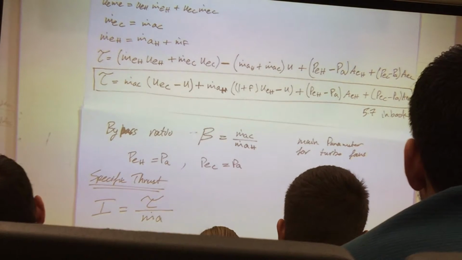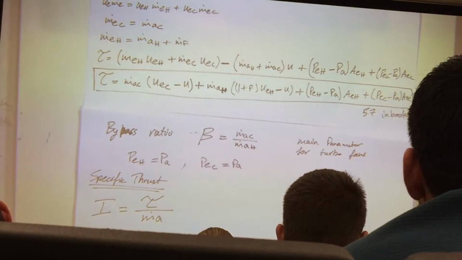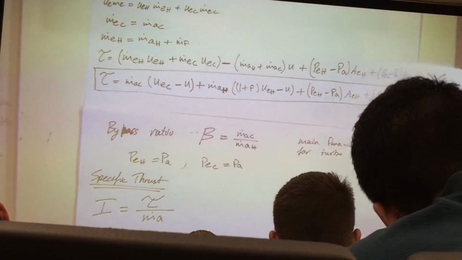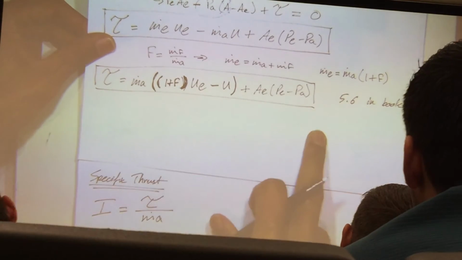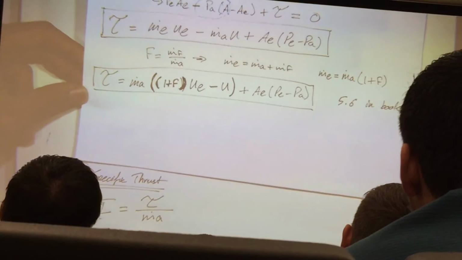So let's do it for the turbojet right here. This is the equation that we have. Well, what's my specific thrust?